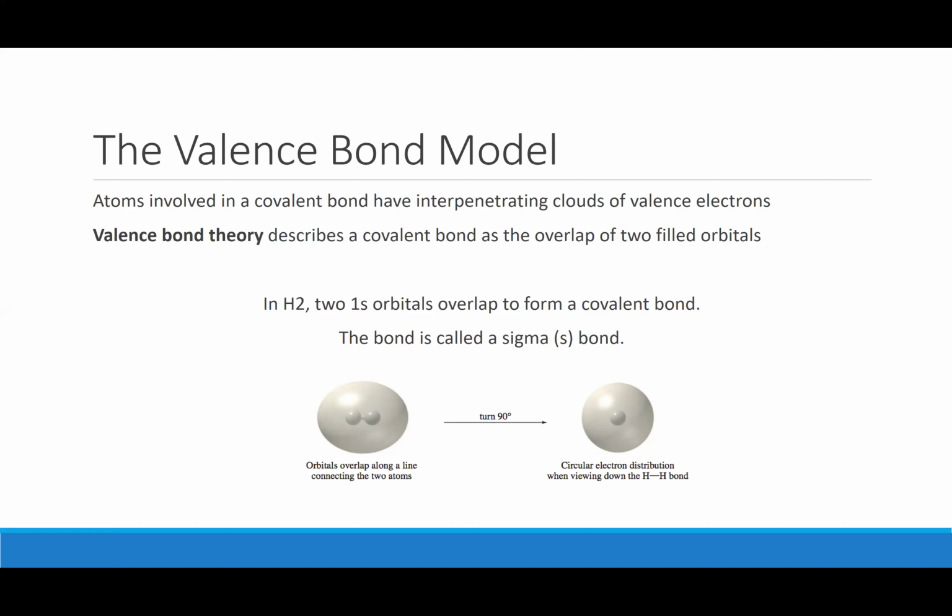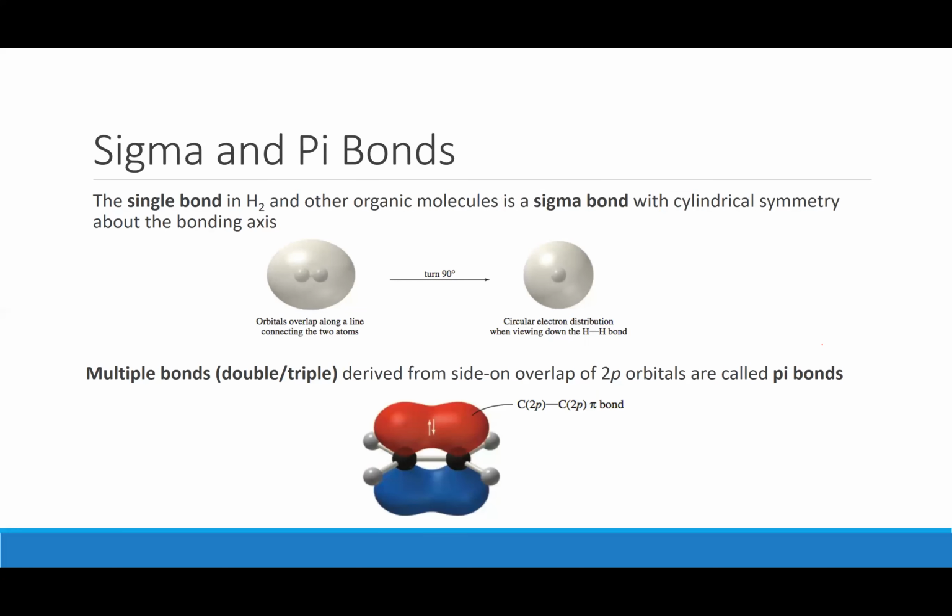Generally, we can also refer to this as a single bond. So a sigma bond is an overlap of s orbitals via a covalent bond, which is a single bond. Again, a reminder: a single bond is the sigma bond, and it has this cylindrical symmetry that's shown here with the orbitals.